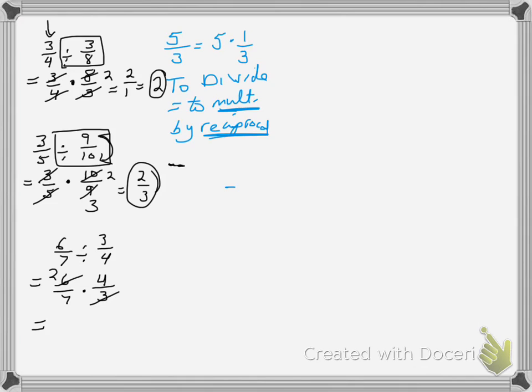That's all I can cancel. 2 times 4 is 8/7. Now that could also be converted to a mixed number, 1 with a remainder of 1, so 1 and 1/7. Either answer is correct for me unless your directions are very specific.